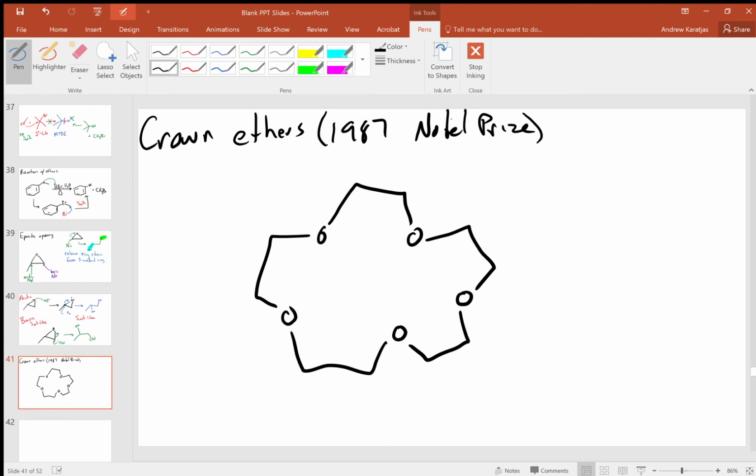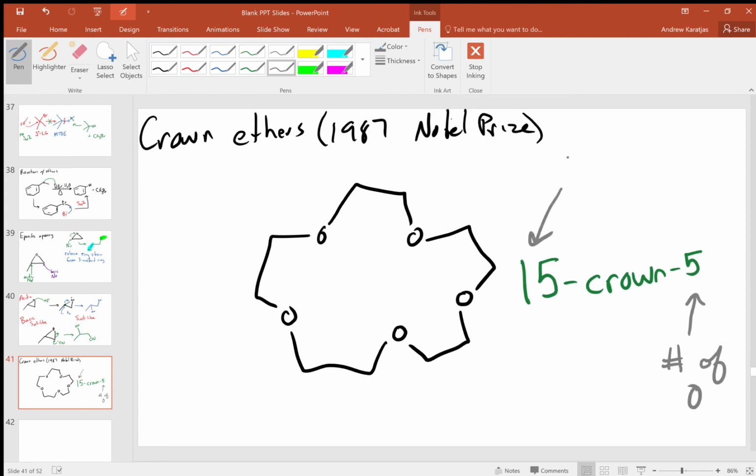And so, one like the one I've drawn here, we would name this compound 15 crown 5. The 5, the number on the right, is the number of oxygens, and the 15 is the total ring size.